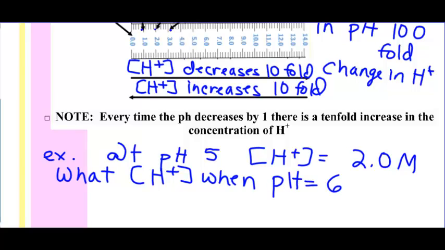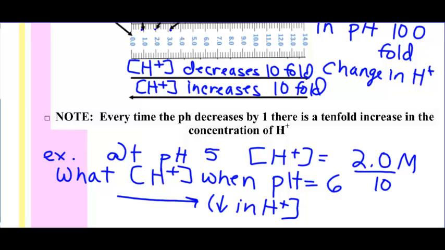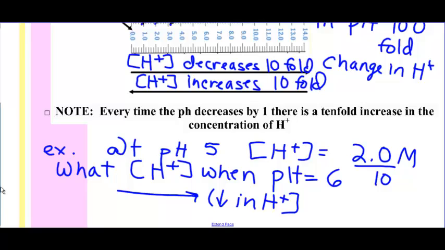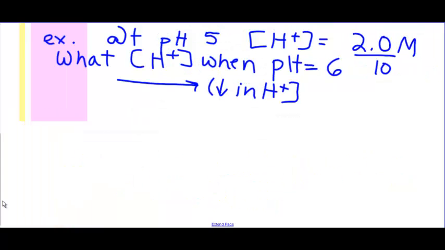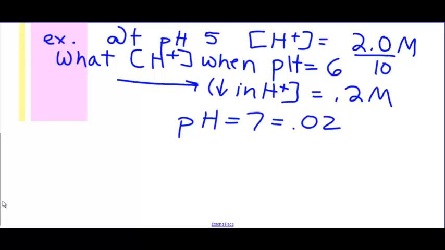So we're going up the pH scale, so there'll be less hydrogen ions. How many less? Well, you're only going up 1 digit, so you would just take this number and divide it by 10. Move the decimal point 1 place to the left. So this would be 0.2 molar. If the pH was 7, you were going up 2, it'd be 0.02.